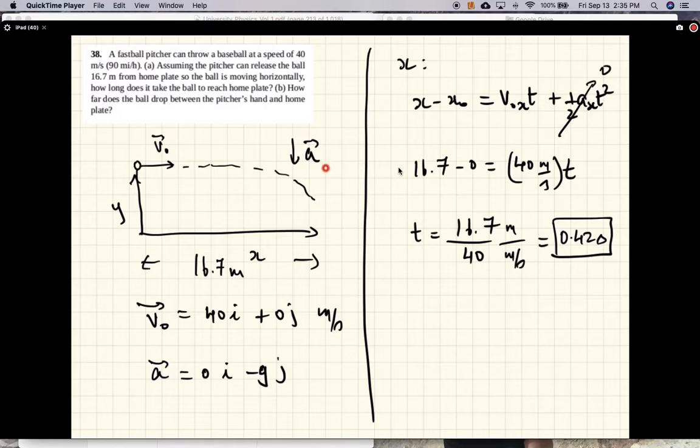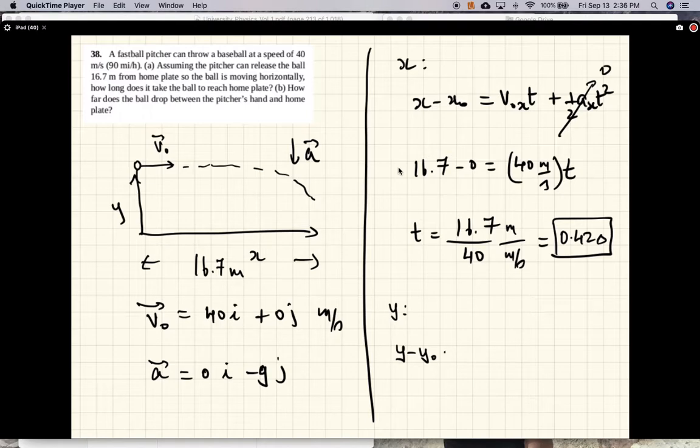Okay, so the pitch reaches home plate 0.42 seconds later, and now they ask you how far does the ball fall. So what is the vertical direction of the motion between the pitcher's hand and home plate? For that, of course, we'll look at the y component of the motion, y minus y naught. This would be the final y position, and this would be the initial y position. This quantity is going to be negative because the ball is falling and our axis is pointing up.